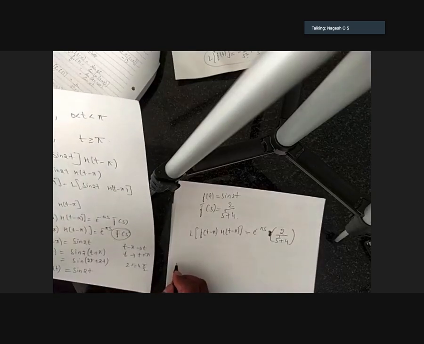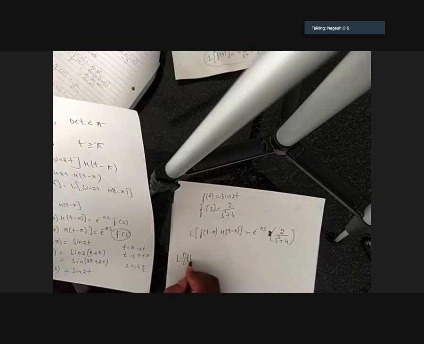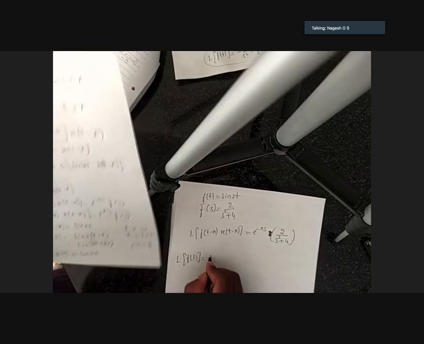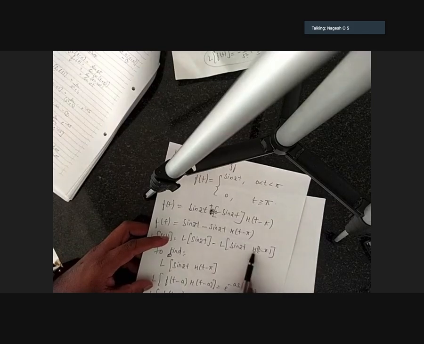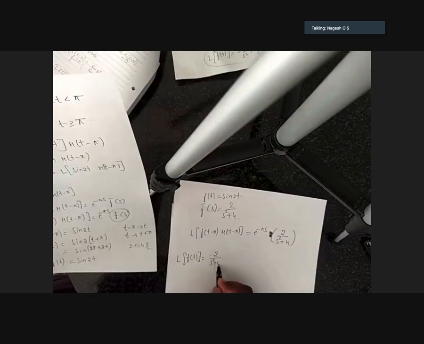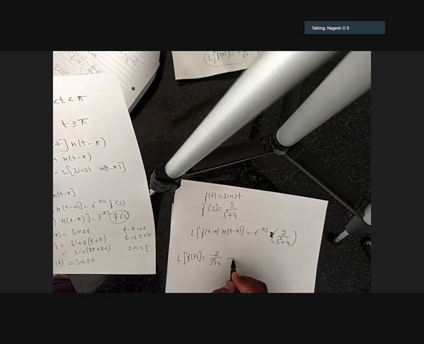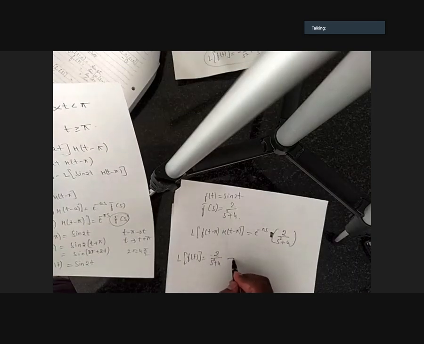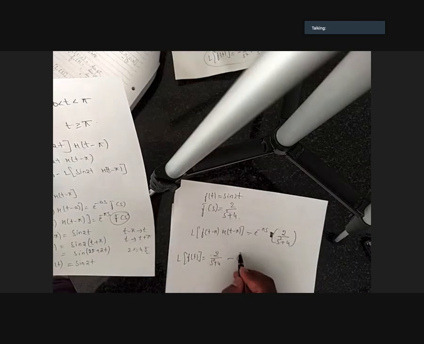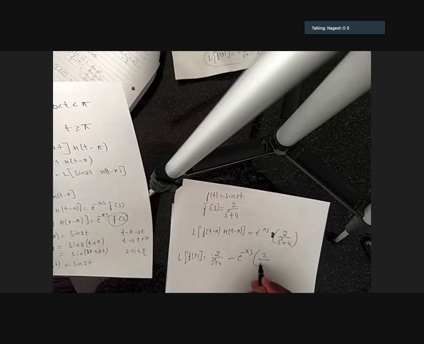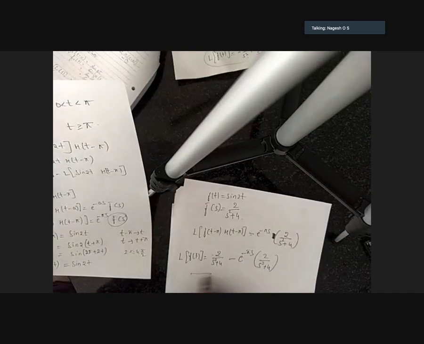So the answer will be L of f of t is equal to the Laplace transform of sin 2t. This one we calculated. Laplace transform of sin 2t we can write directly: 2 by s square plus 4 minus e power minus pi s into 2 by s square plus 4. This is the answer.